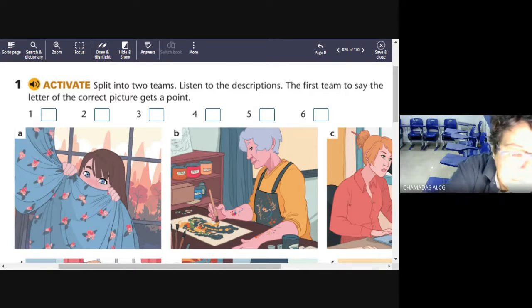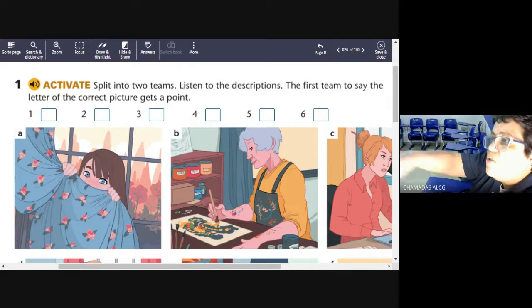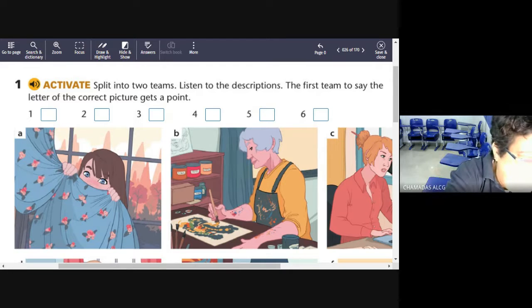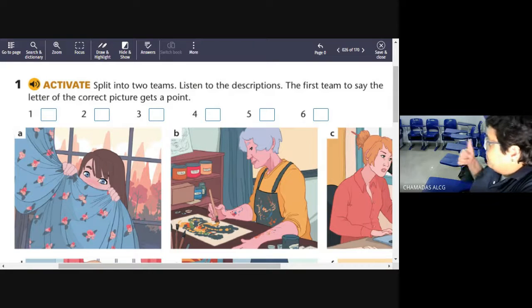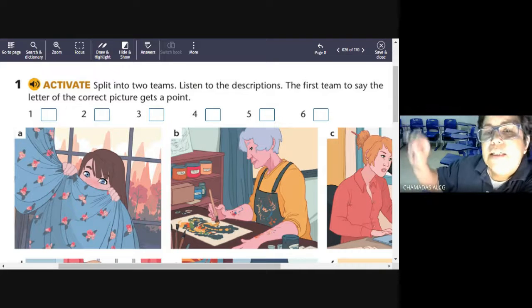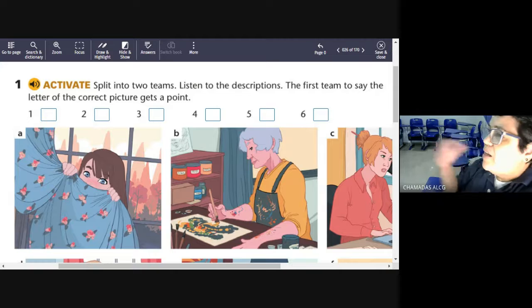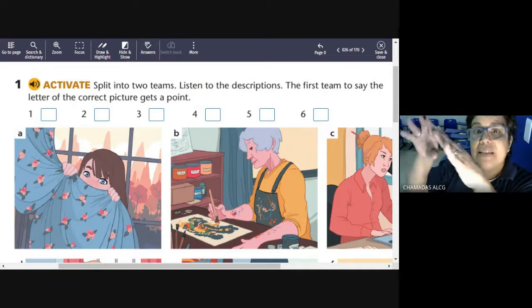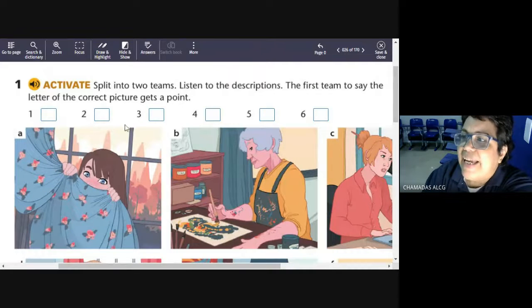Write the numbers there, please. Come on, number your paper from 1 to 6. You put 1, 2, 3, 4, 5, 6. Okay? And then as you listen, you're going to put the letter next to the number. Okay? In the order you hear, in the sequence you hear. Okay? All right, let's do it.